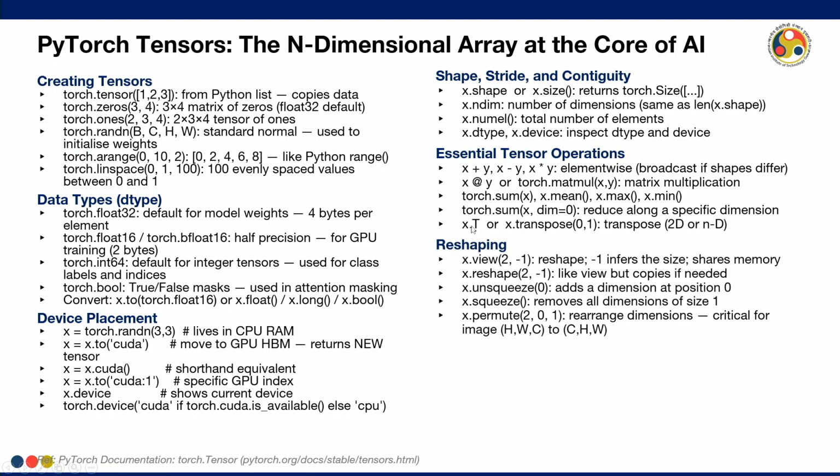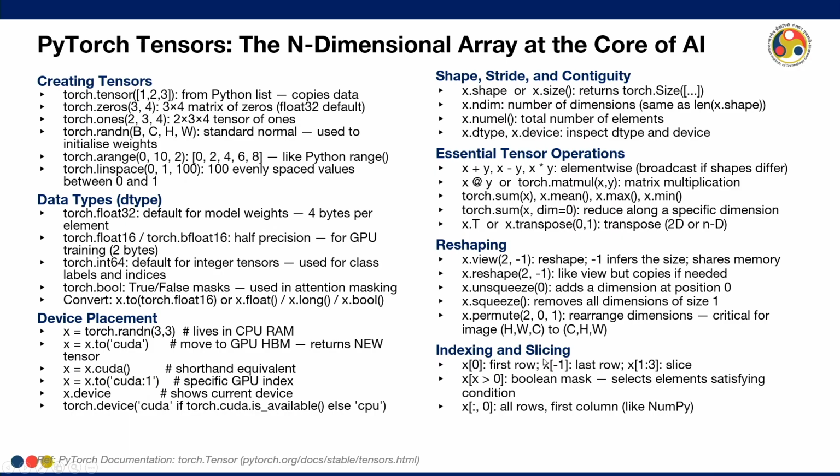Reshaping is also done by several methods, like view, reshape, unsqueeze, squeeze, permute. All these operations we will see in the handout. Indexing and slicing are done by the same methods applied on array elements in NumPy. If you have used NumPy, similar slicing and indexing is allowed.